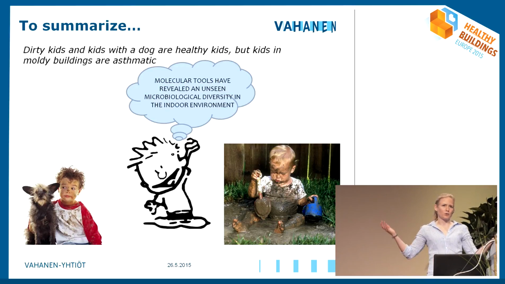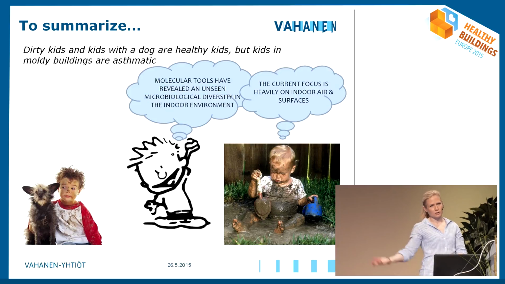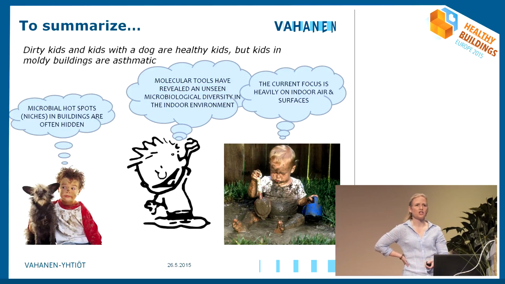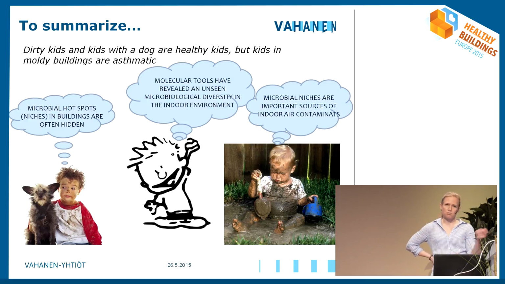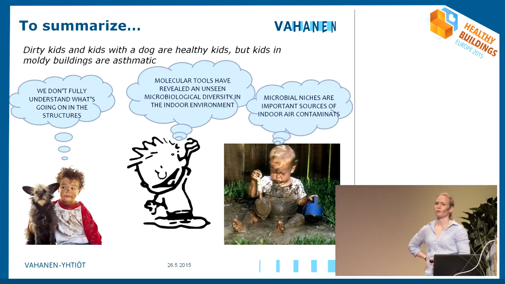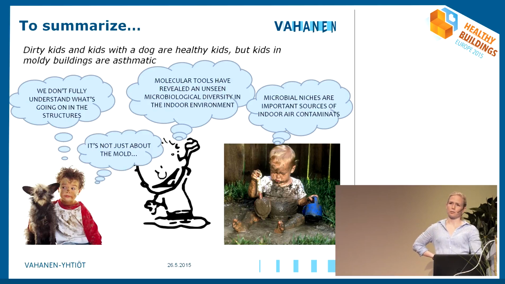So the molecular tools have revealed an unseen microbiological diversity in the environment, but the focus is on surfaces and not the structures. We have interesting niches in the structures, and they are very important contamination sources. So we don't really understand the entity still. And it's not just about the mold.